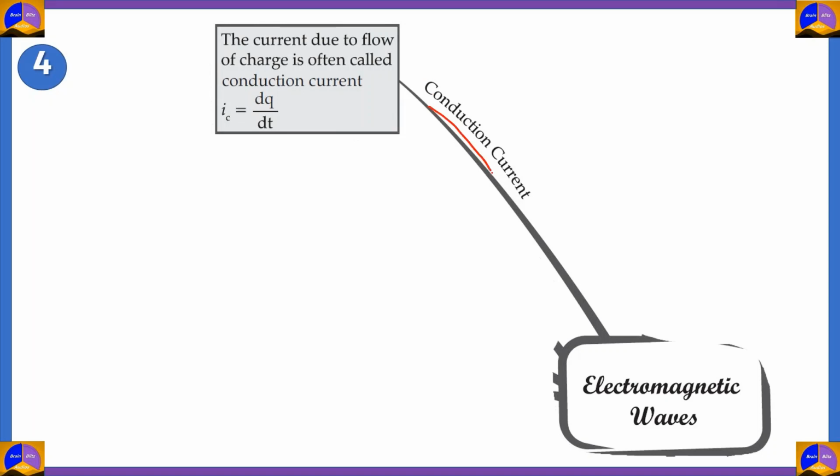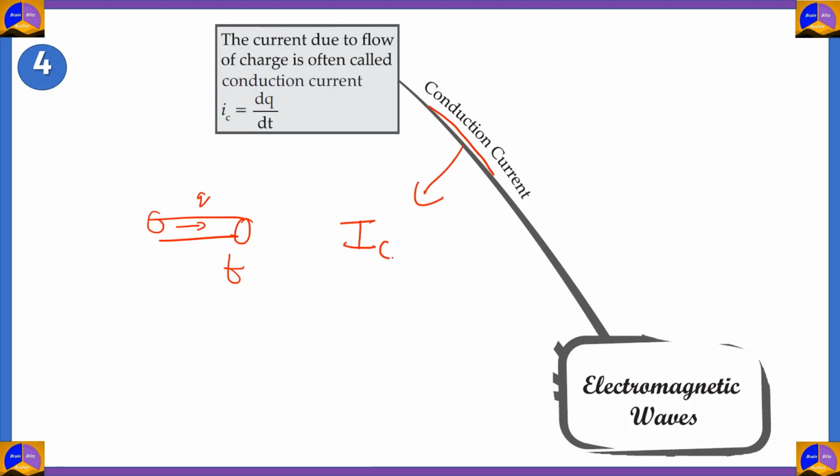Conduction current is the current which arises due to the flow of charges. So you have a conductor and there's a flow of charge Q in time t. Then the quantity used to represent that is known as conduction current.